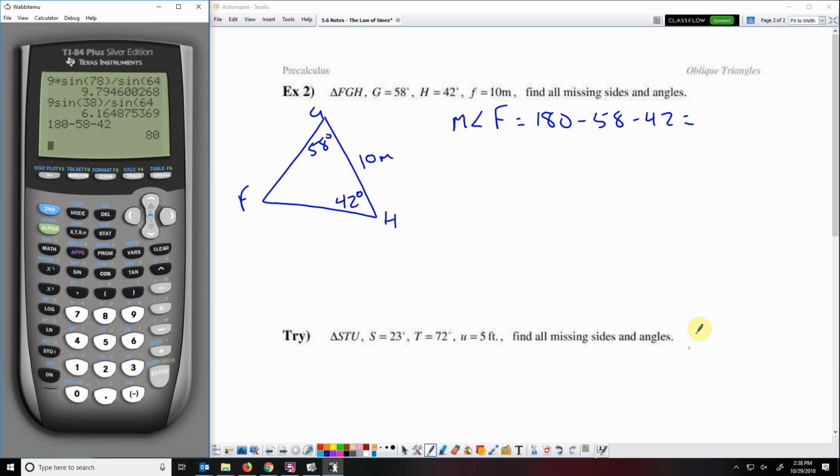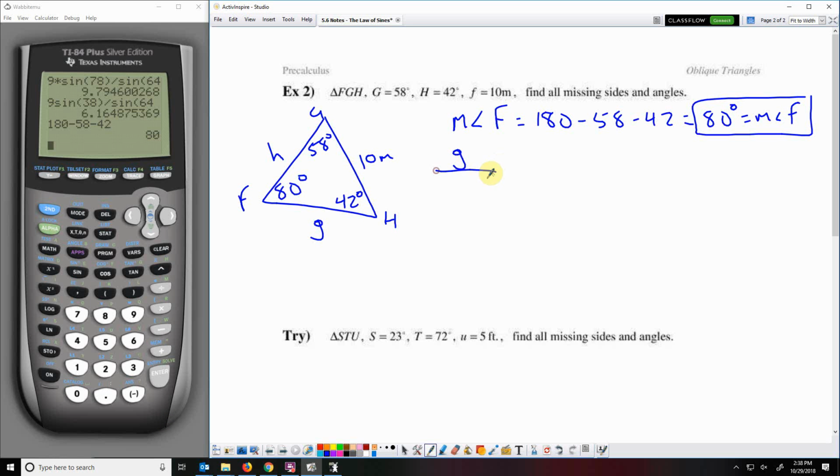Okay, so F is 80 degrees. So I still need to find G and H. So to do G, I would do G over sine of the opposite angle, 58 degrees, equals 10 over sine of 80 degrees.